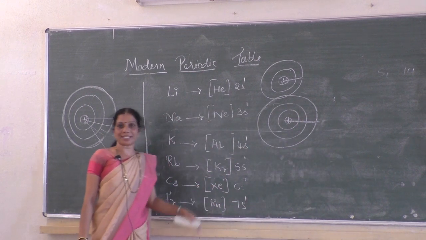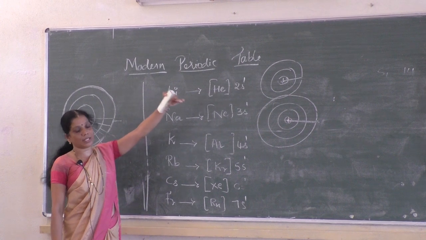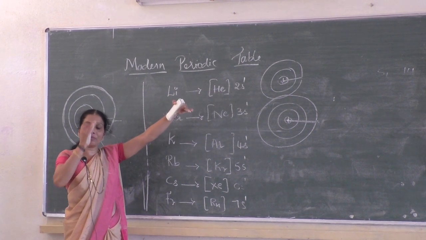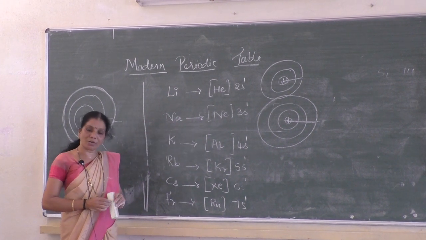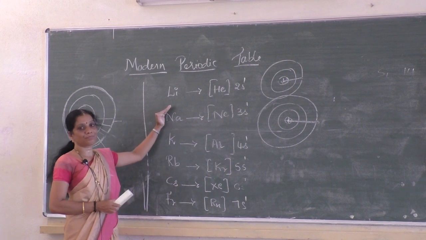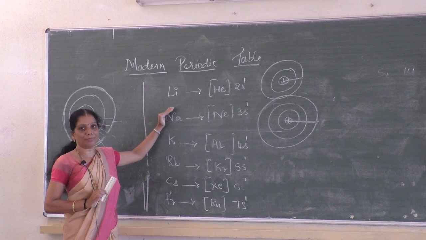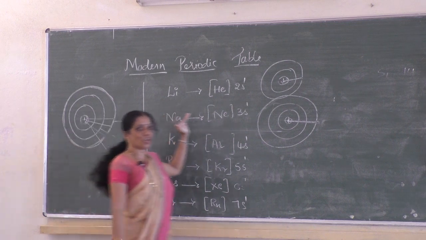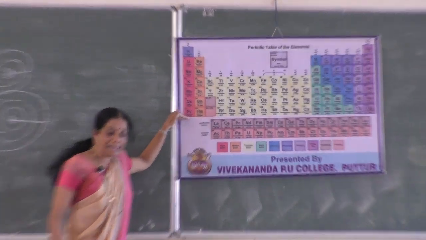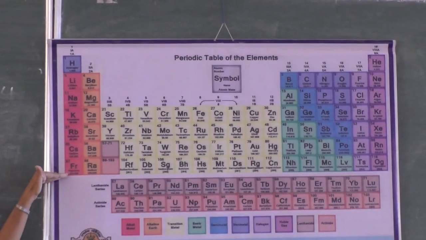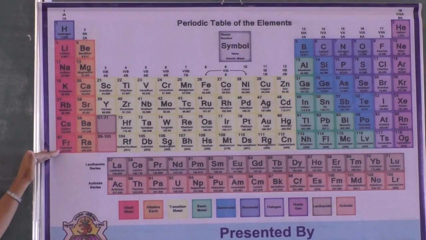The variation of the atomic radius also we have studied, how it varies along the period and how it varies down the group. I hope the concept is very clear for you. Just observe the various elements of the periodic table for 1 minute. Let us check some of the questions given in your textbook as the activity.